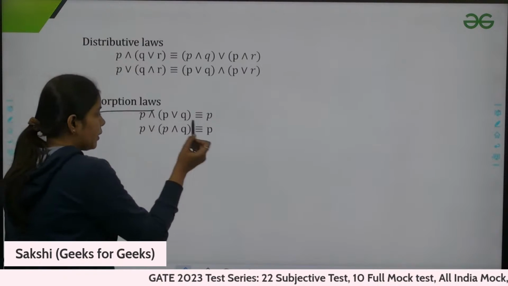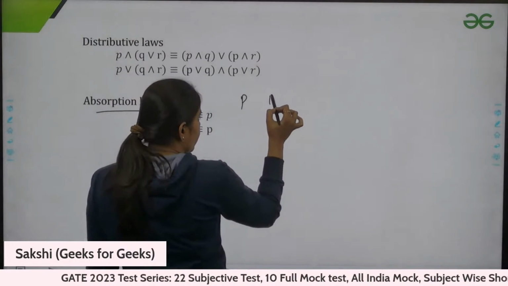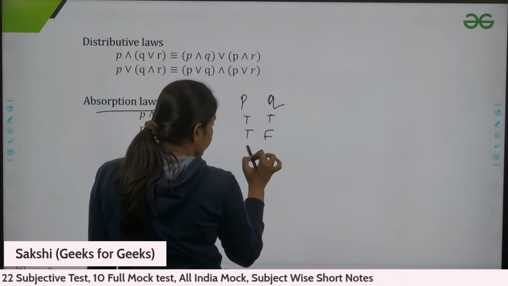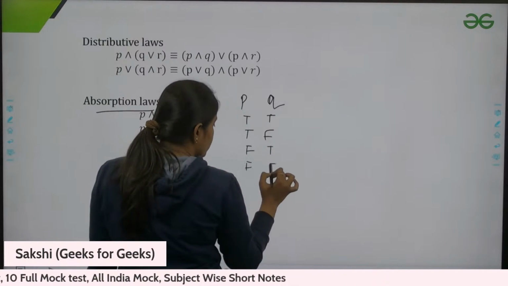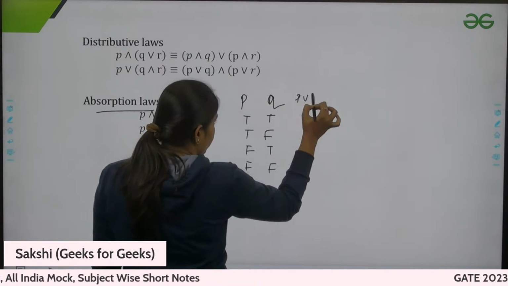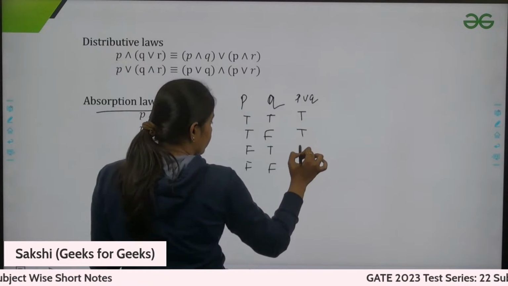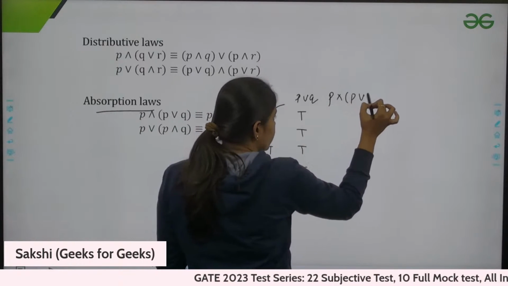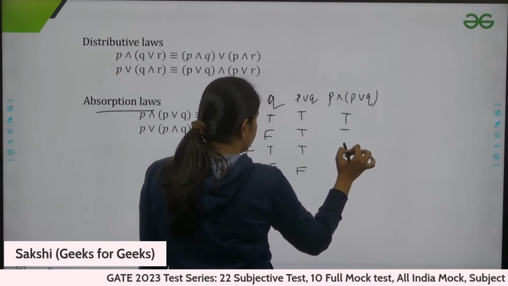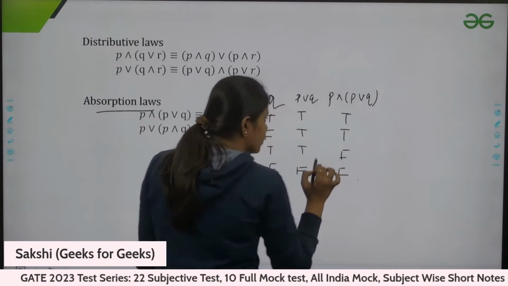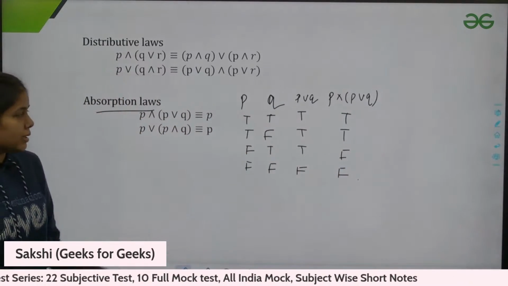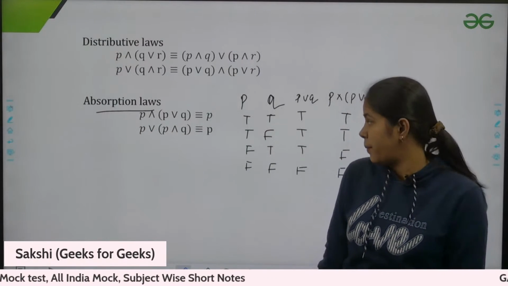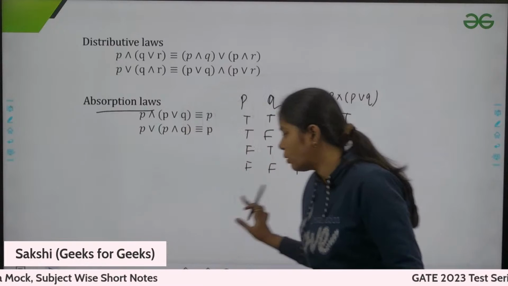So what is happening here, you can see using P or Q. Let's find out P or Q. That would give me true, true, true, false. And if you take P and (P or Q), you will get true, true, false, and false, right? So that's why I'm getting the same truth value as P. So these are my absorption laws.